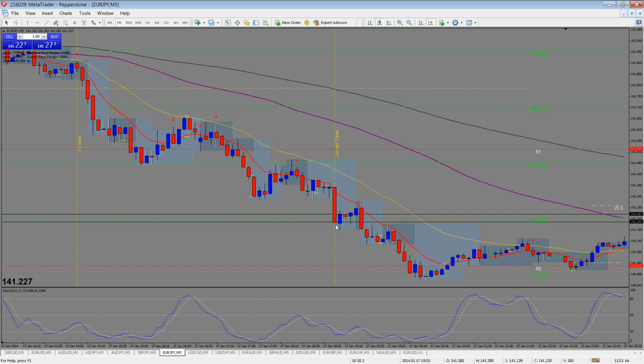I've mentioned it in the room a number of times: if that's a really big candle, even though I might have an inside bar here, I'm hoping for a small retracement, at least 50% of that big candle, before I'm somewhat comfortable with that trade.